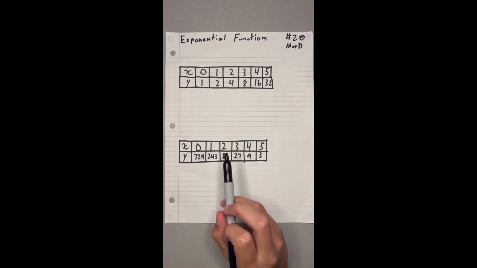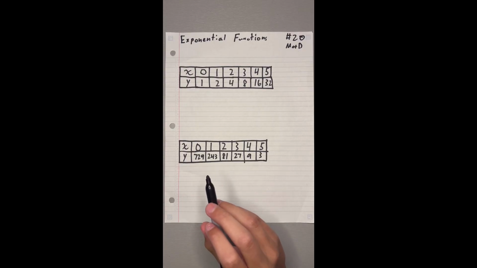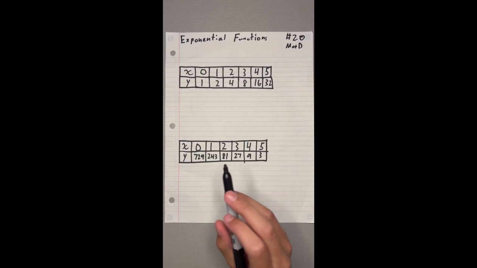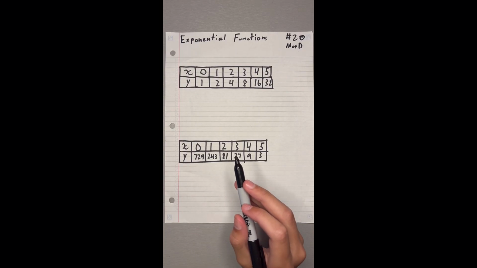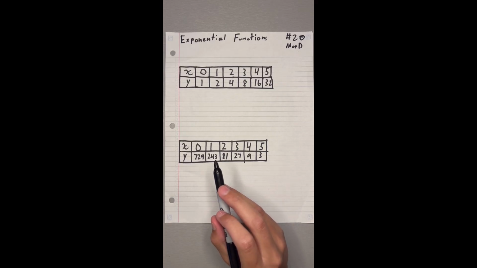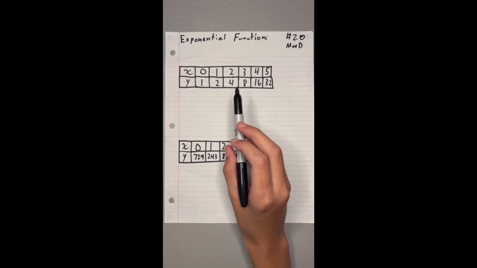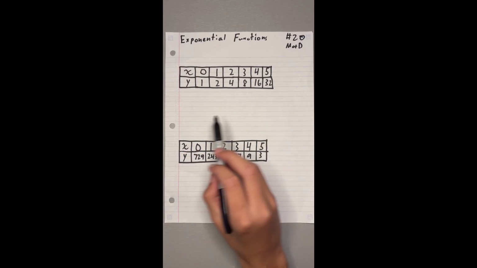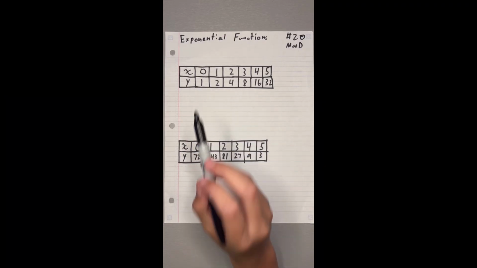Now that we have found the rate of change, let's find the initial value. The initial value is similar to the y-intercept from our slope-intercept form video. If you were to graph these points, it would cross through the y-axis at 0, 1, because this is where x is equal to 0.